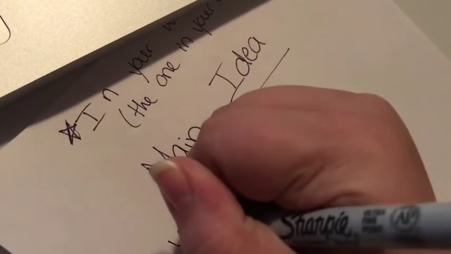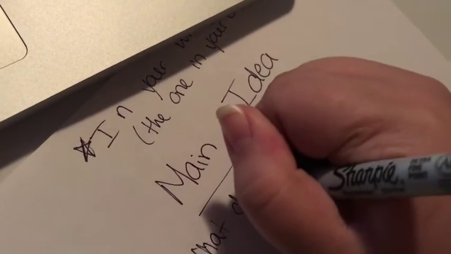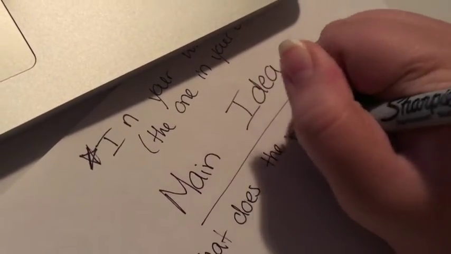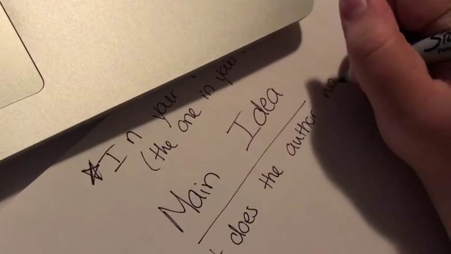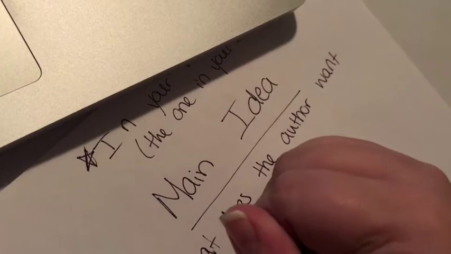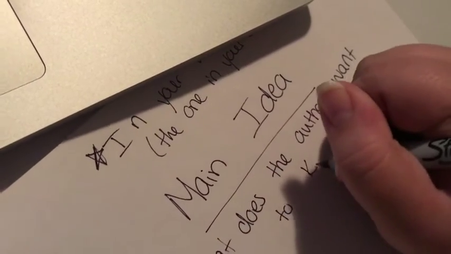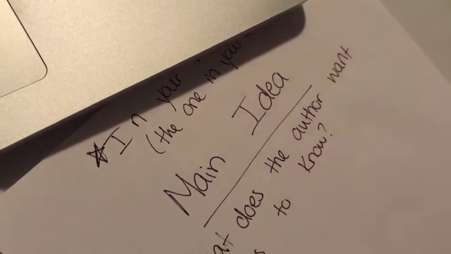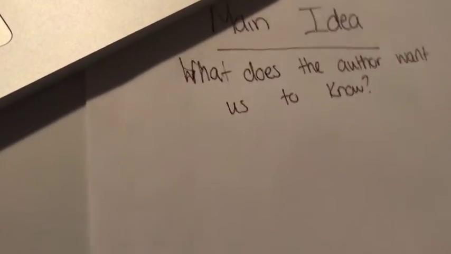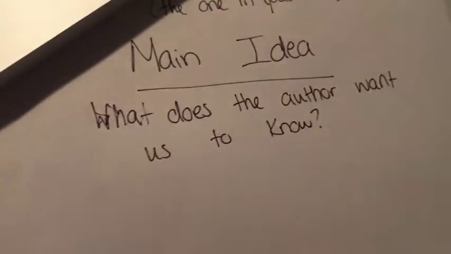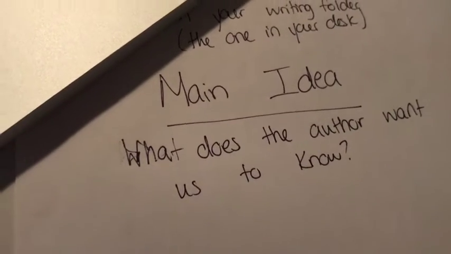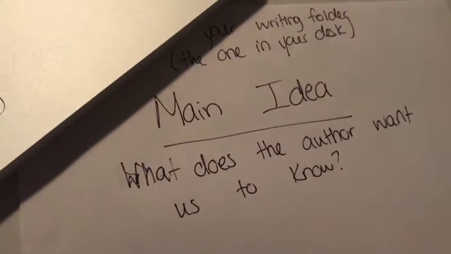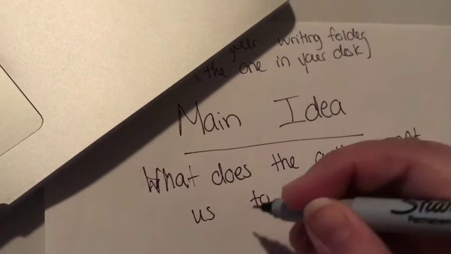So what does the author want us to know? Please get that written down. And with this, you're learning, what does the author want us to know? Sorry about that W, guys. What does the author want us to know? And with that, you're going to come up with one sentence.